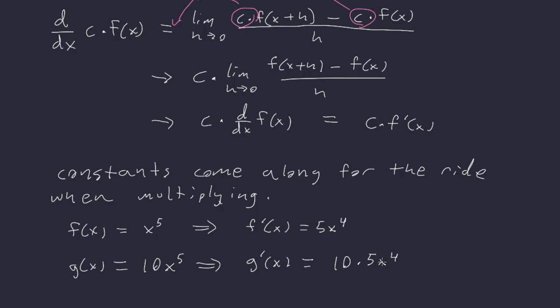So it's 10 times 5x to the 4th, which comes out to be 50x to the 4th. Okay? So that's what I mean by saying that constants just come along for the ride.